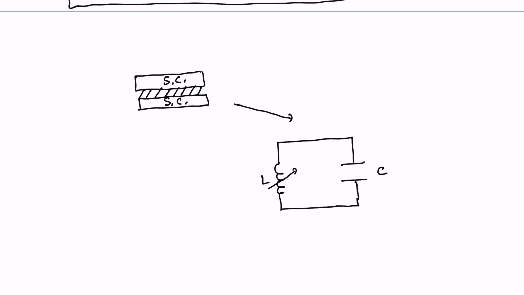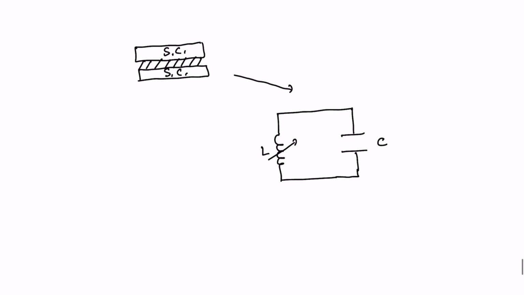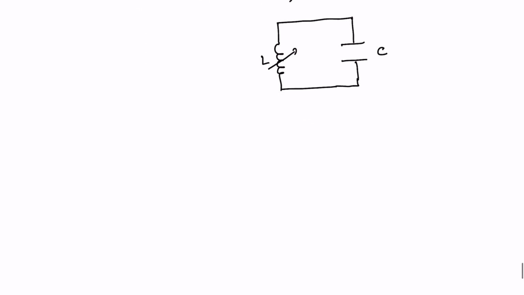If we can choose the parameters judiciously, then this circuit, that means this Josephson junction, can be used as a two-level quantum system. This Josephson junction is symbolically denoted by this symbol X.